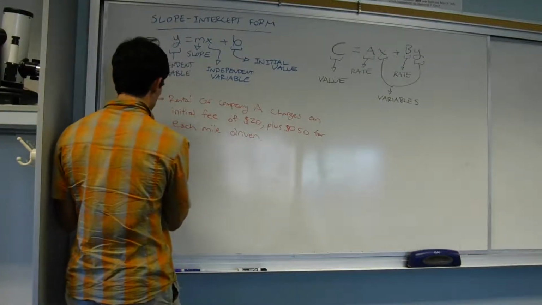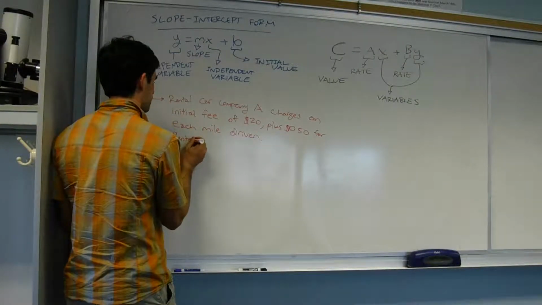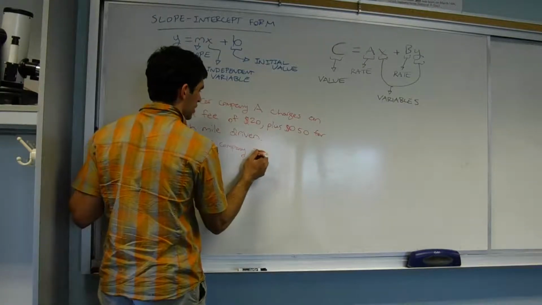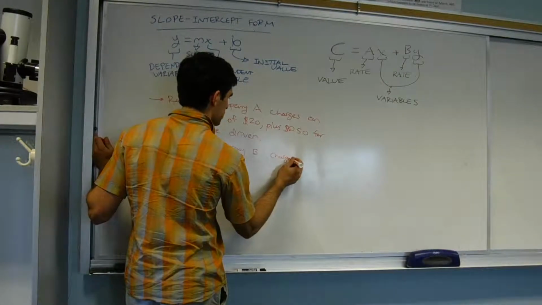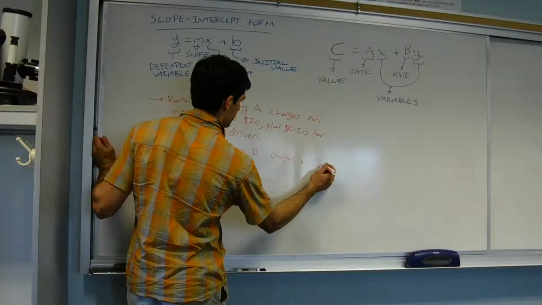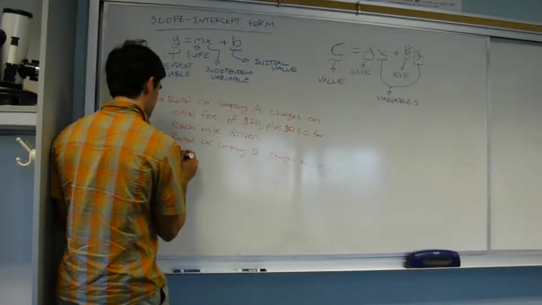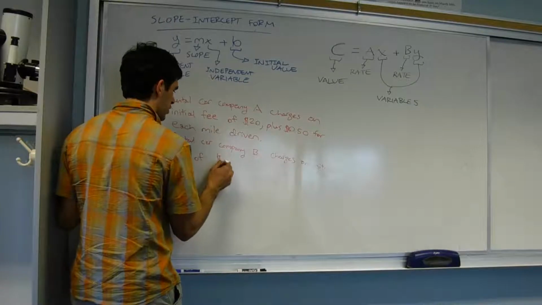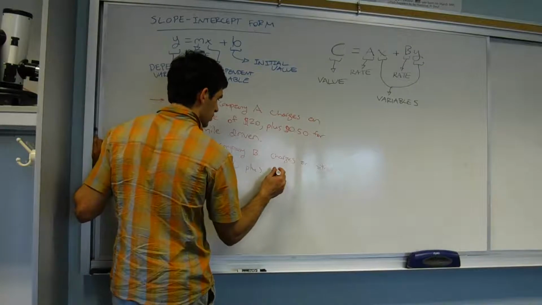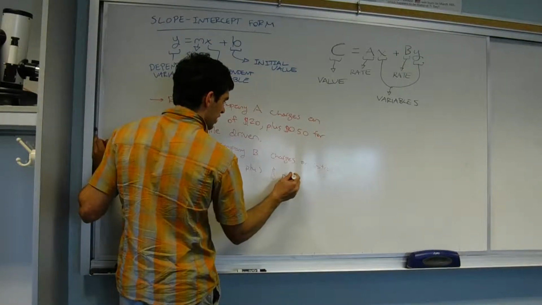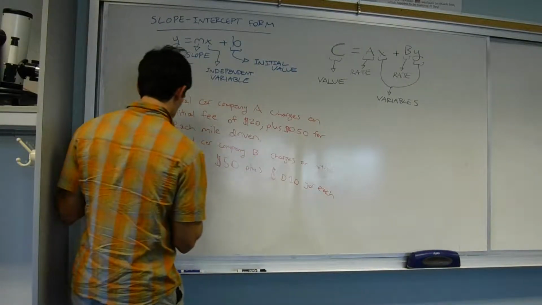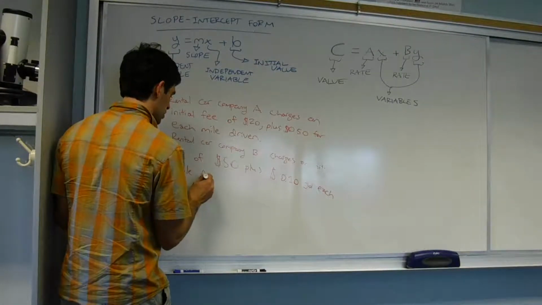And we'll say rental car company B charges, let's say, an initial fee of $50 plus 10 cents for each mile driven.